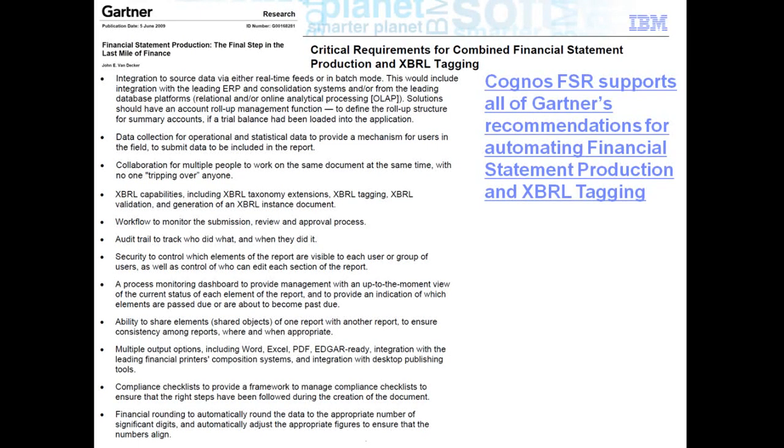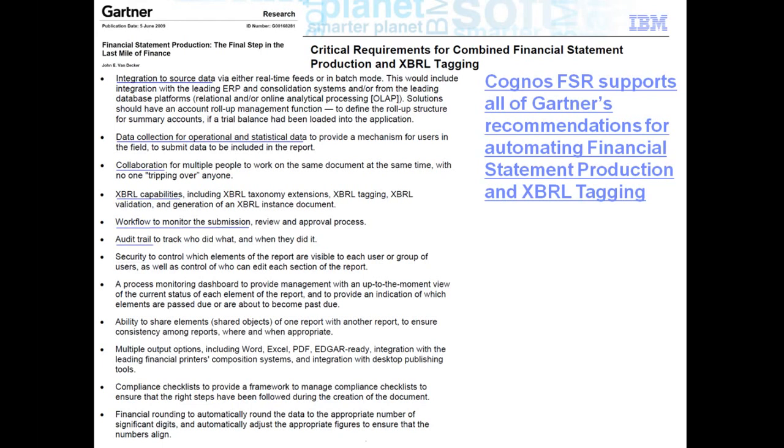So the idea here is that we can tell you all the great things about the product all day long, but it's really great when the analysts come out with recommendations, and once again do state that IBM Cognos FSR is the market leader in terms of XBRL and report automation. They came out with a report even back in 2009 that stated these are some of their critical recommendations.